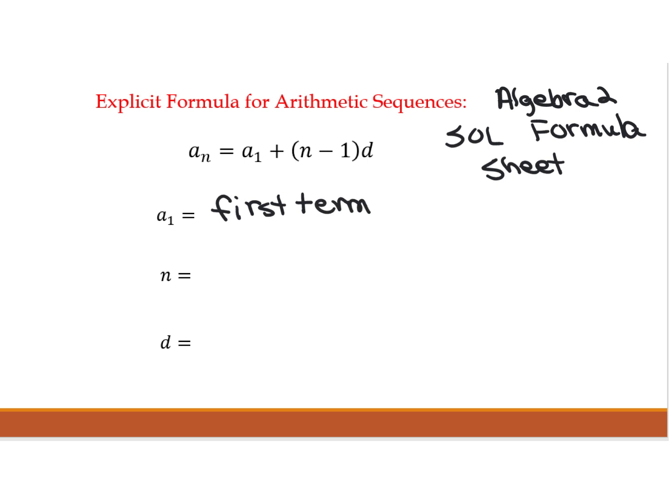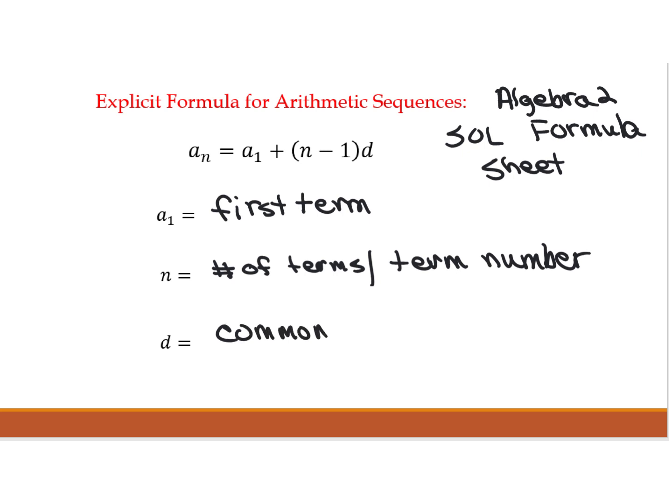N is the number of terms, or we might think of it as the term number. And d is the common difference, which we always get by taking the second term minus the first term.